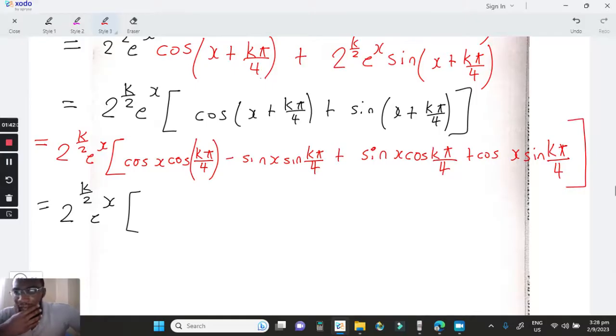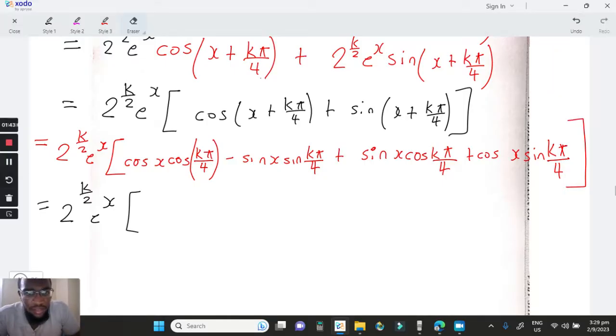Cos, sine, cos. That's really not to our benefit. What we're trying to do is show that, look what I'm saying, 2 to the k plus 1, that part is 2 to the k times 2. We're really trying to show that we should get a times 2 somewhere here. But actually I'm not seeing it.